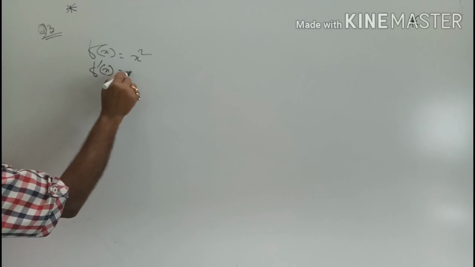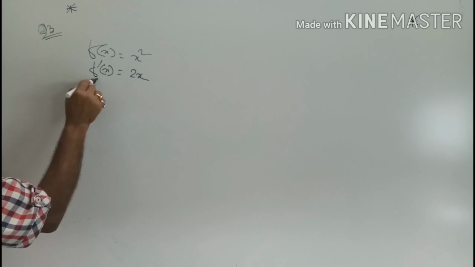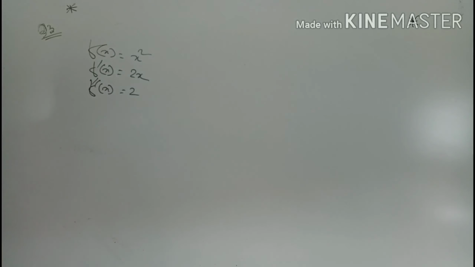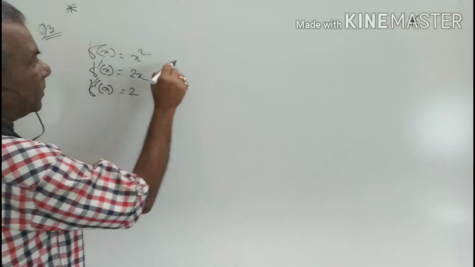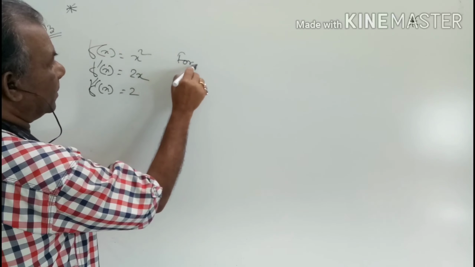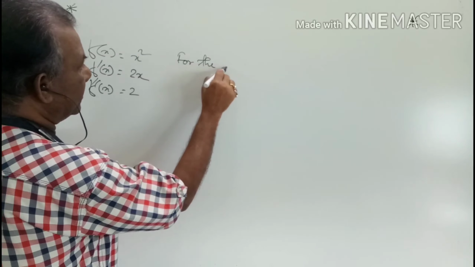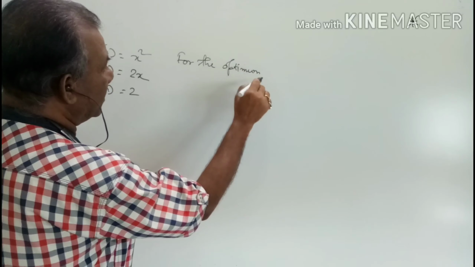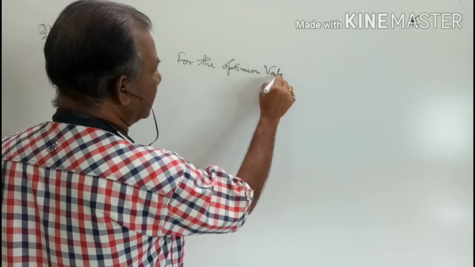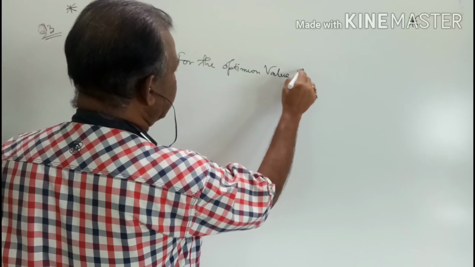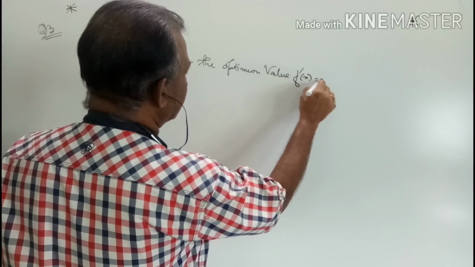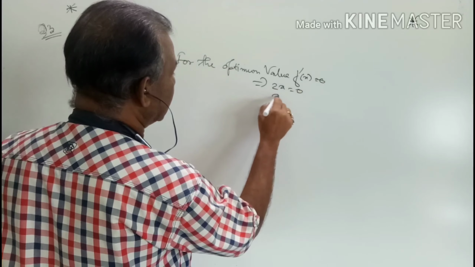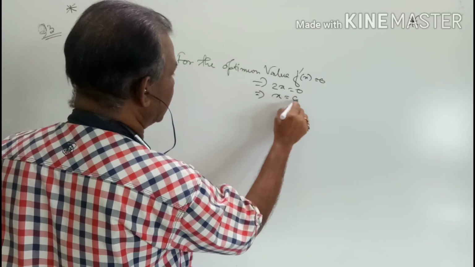By using the formula, f dash x is 2x, and f double dash x is 2. So what did I tell you? For the optimum value, f dash x equal to 0. This implies 2x equal to 0, therefore x equal to 0.